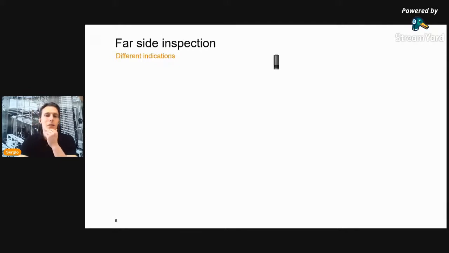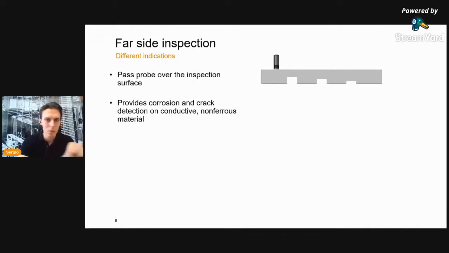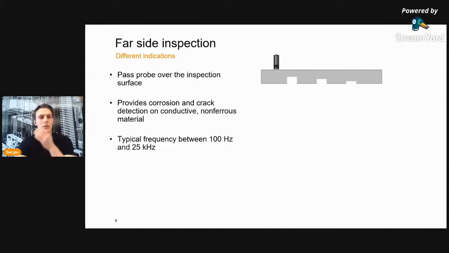And here is a small illustration. That's a probe that will move along a surface with a direct contact. It's always preferred to have a direct contact with the inspection surface. And a probe that looks for far side indications is usually used with a low frequency, so something between 100 hertz and 25 kilohertz.